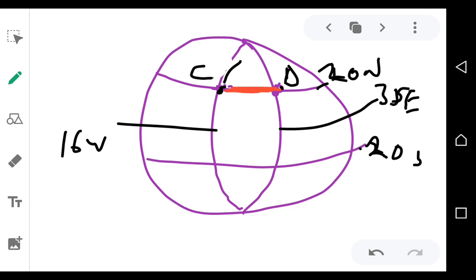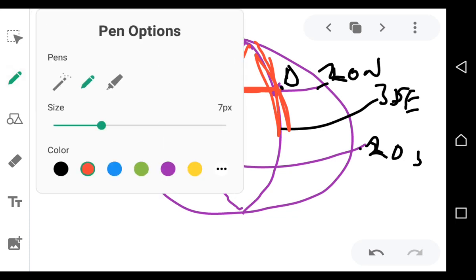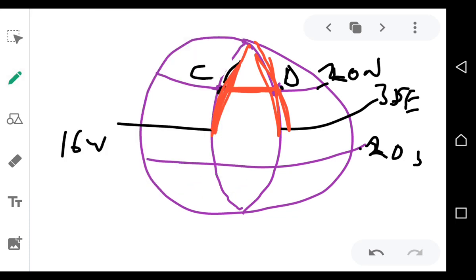So what longitude am I using? I'm using this one, which is 16, and this one, which is 35. So what signs do they have? CD means it's W and E.